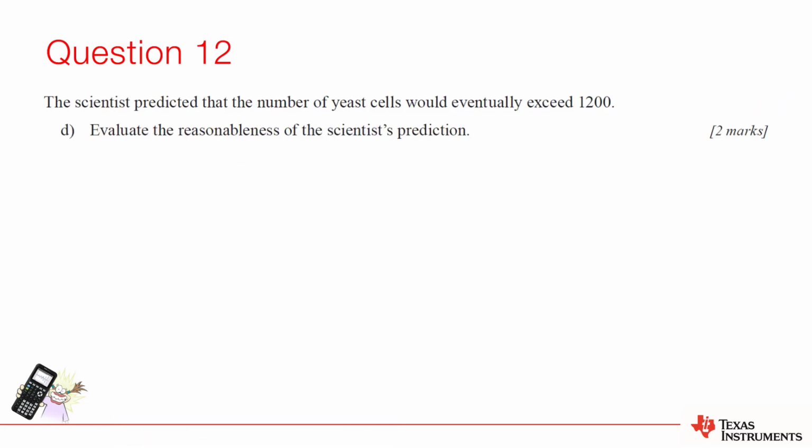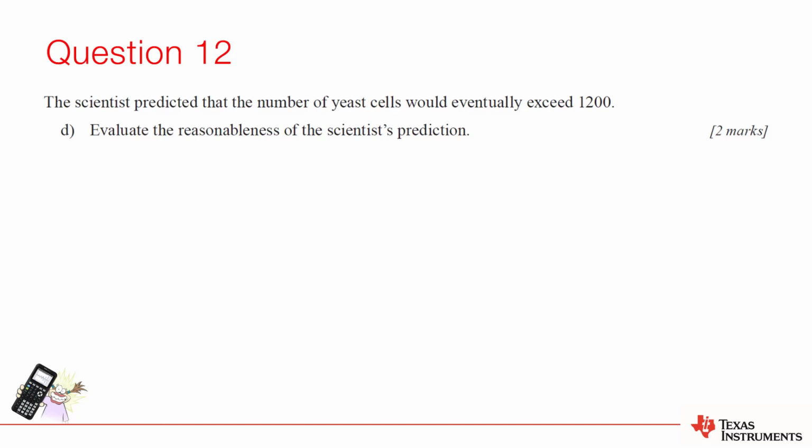Part D. Scientists predicted that the number of yeast cells would eventually exceed 1200. Eventually, in the context of time, means consider what happens to the function as t gets larger, or tends to infinity.